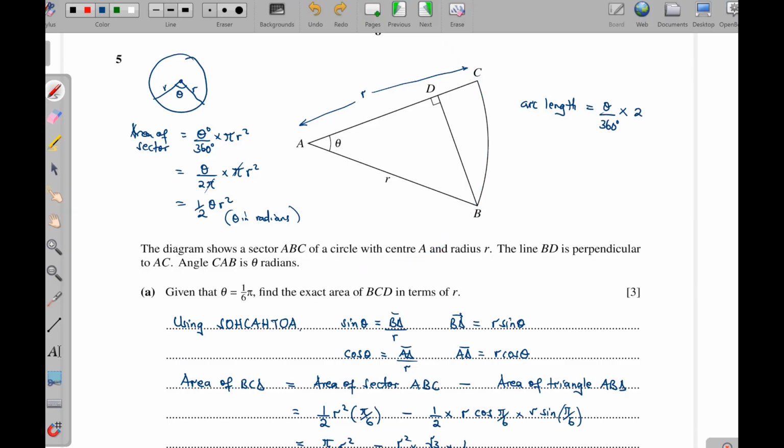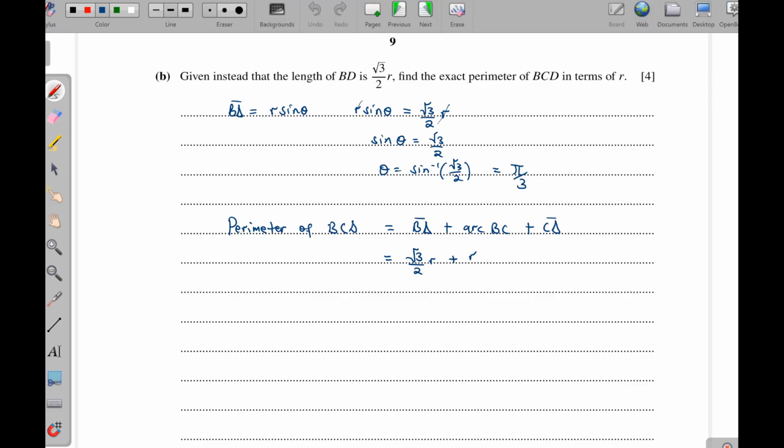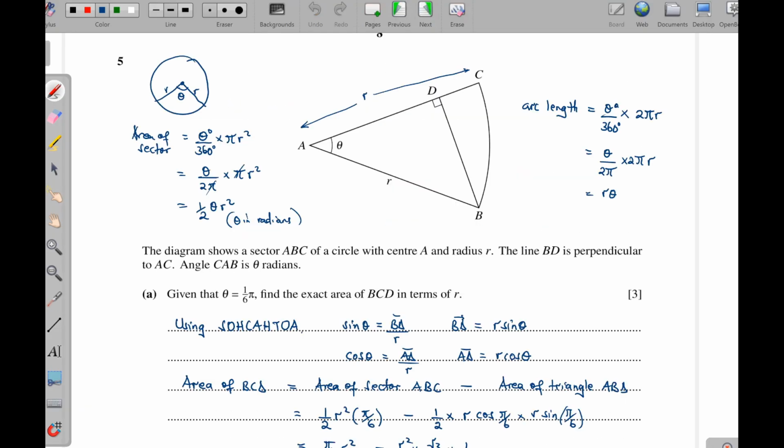So we multiply by the formula for the circumference of the circle, which is 2 pi R. But in radians, if theta is in radians, we shall have theta over 2 pi, times 2 pi R, then this one disappears, and we shall have R theta. So we shall get the radius times the theta, which we have gotten as pi over 3. Are we there? Then plus our CD. CD right from here, it will be SC, which SC is R.